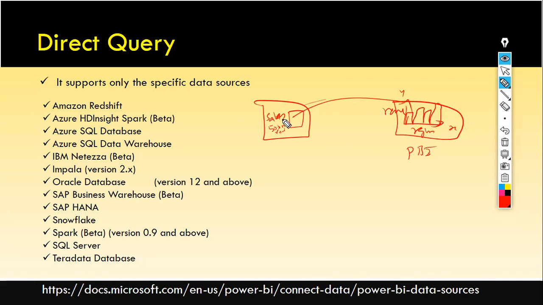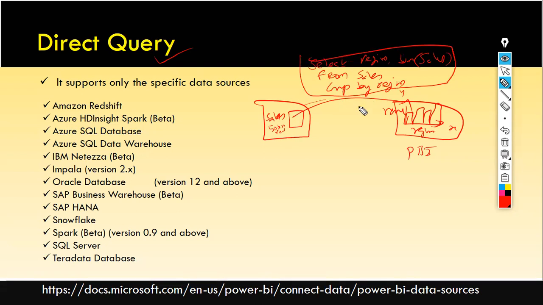Since we have used the direct query mode for this sales table, and these two columns are part of the sales table, let's assume that way, it generates a query something like this: select region, comma, sum of sales from the sales table, and then group by region.